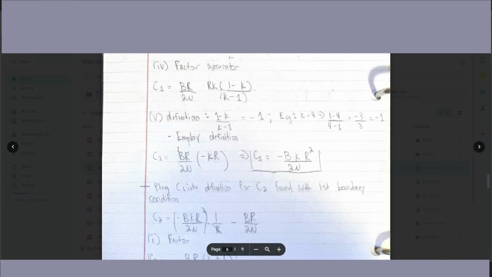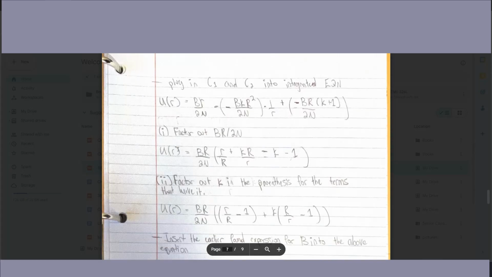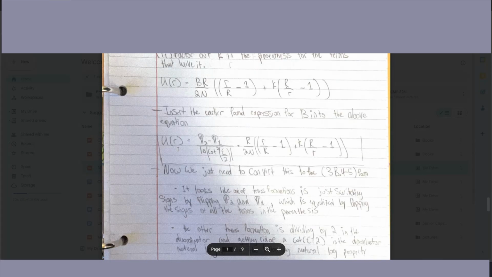So we're solving for B in two different ways, and then we have B in terms of just the equation parameters, and there's no B in the equation. So we're isolating B in the equation, and having U as a function of R on the other side. And then we could just plug in B and it'll look somewhat neat.